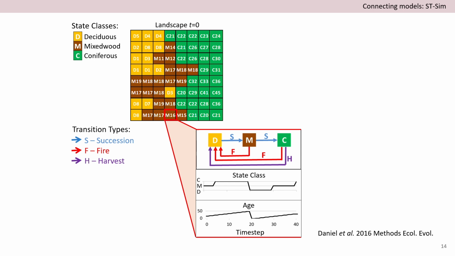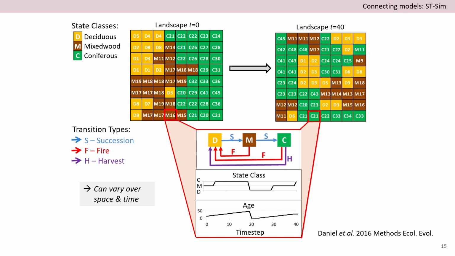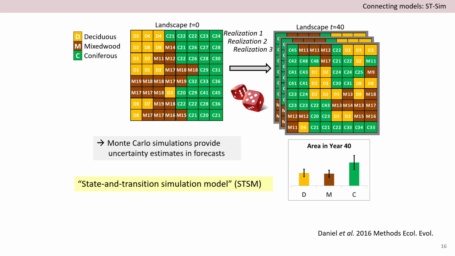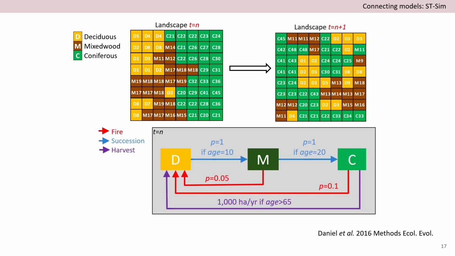And so we can look at one individual location and see how it's changing as time passes and transitions occur. And we scale that up to the entire landscape. And often there's uncertainty associated with the transitions. They're probabilistic. So we want to run many Monte Carlo realizations and make projections that include both a mean, but also a range of uncertainty around those projections.